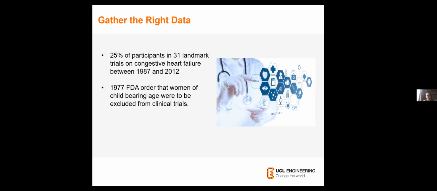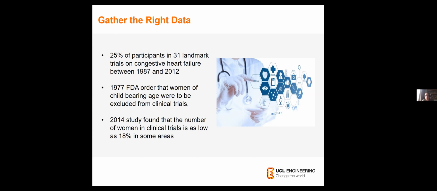This order has been rescinded, but any medical trials post 1977 are mainly done on men. So we don't know the effect of lots of drugs on women until they're out in the population. This is about making sure we have data on a representative sample, because we can assume that women react the same, but we really need some evidence for that.